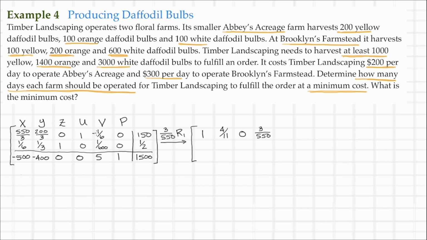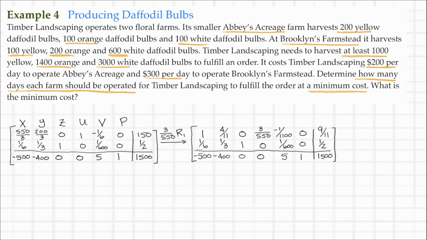Negative 1/6 times 3 over 550, that's negative 1 over 1100. And then 0 and 0. Put in our vertical line. 150 times 3 over 550, that's 9/11. Close off our bracket, and we carry over the rest. Put in the horizontal line.